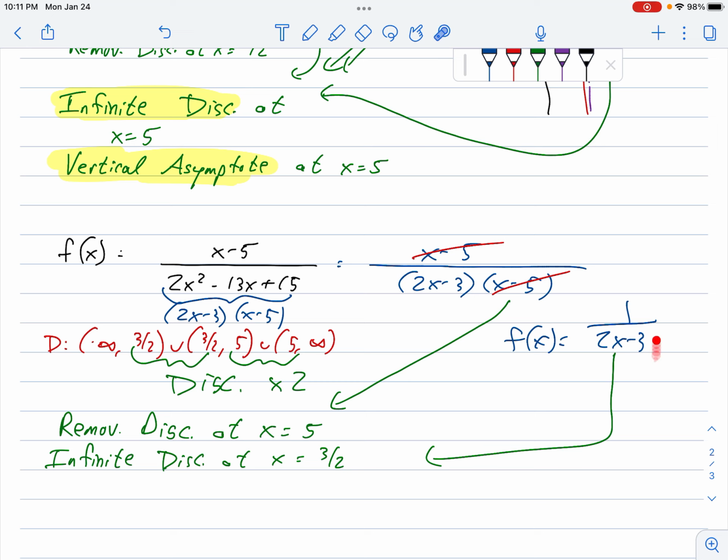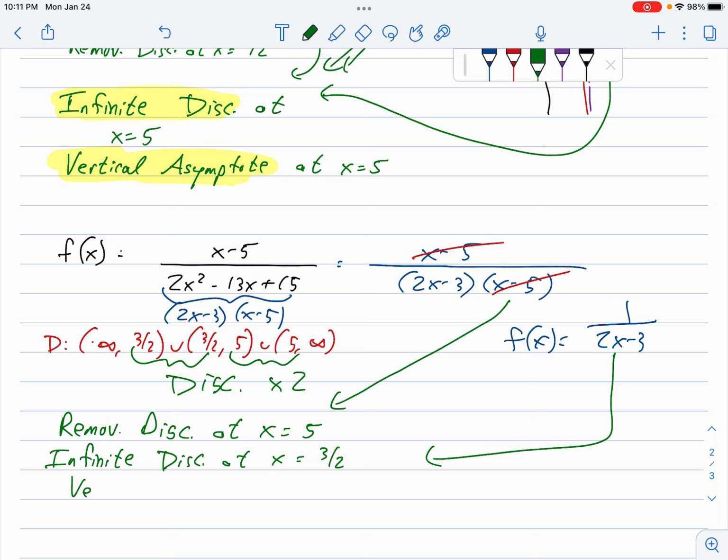This is probably something I asked you to find the domain of at some point on a test or quiz, like 3 over something kind of simple. I skipped the number 3 over 2, and we just knew that was my domain. But the reason is my graph is bending away from that value. If I plug in 3 over 2, I get 0. I can't use it. I gotta completely throw it away.